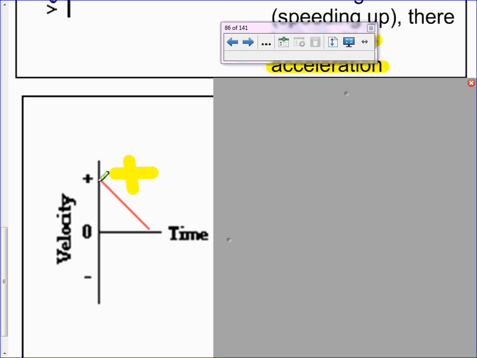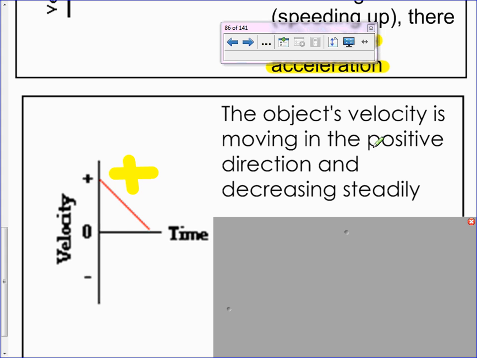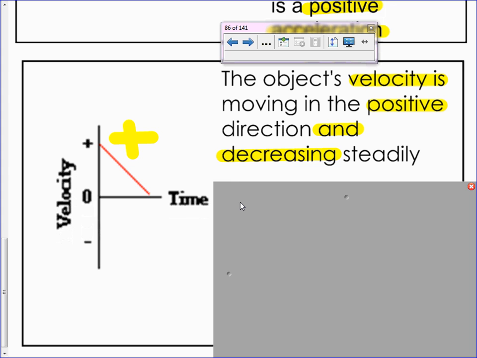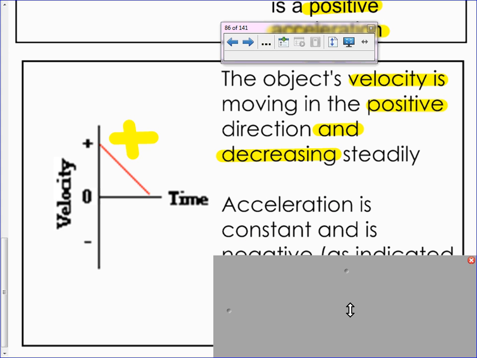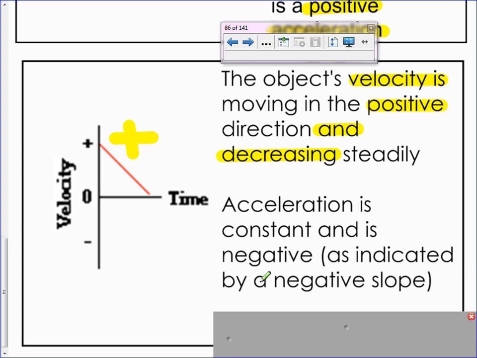As you look at it, velocity starts up pretty high here in this positive region, and as time continues, velocity decreases. So when velocity decreases, is our acceleration positive or negative? Acceleration is going to be negative.